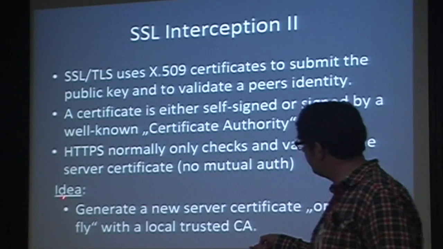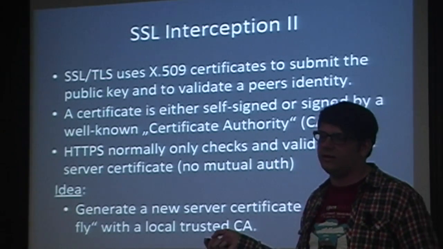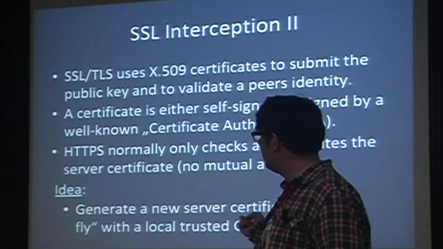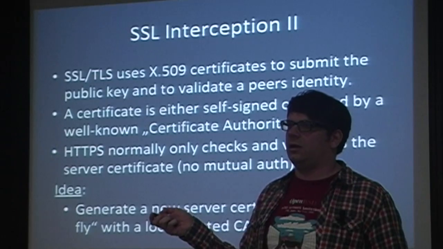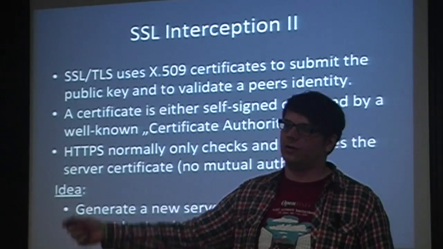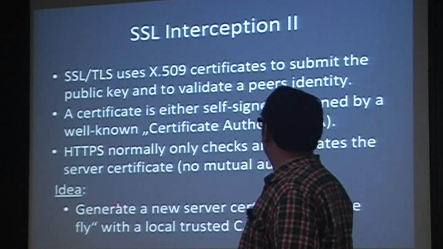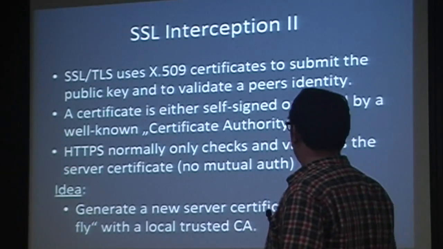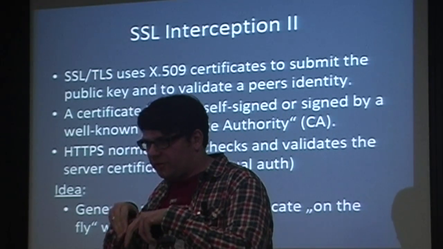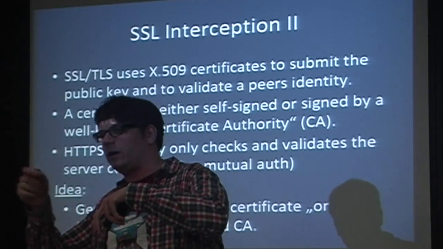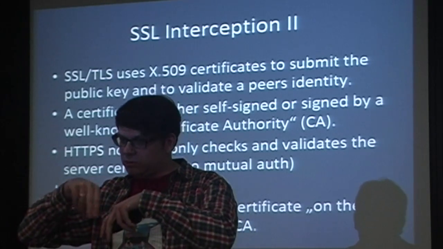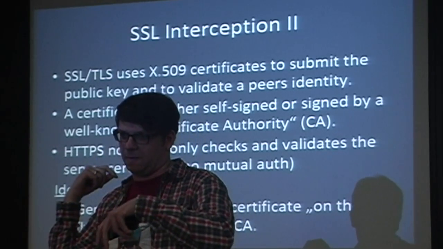So the idea here, of course, is very obvious. I didn't invent this idea. It's actually something that some vendors implemented. Proofs of concept exist. You just generate a new certificate on the fly, like on RelayD, a certificate that includes the server address and name of the target server, but it is signed by a local CA that is trusted by the browser.